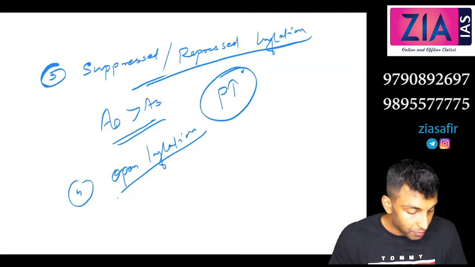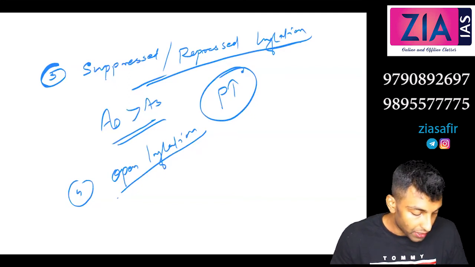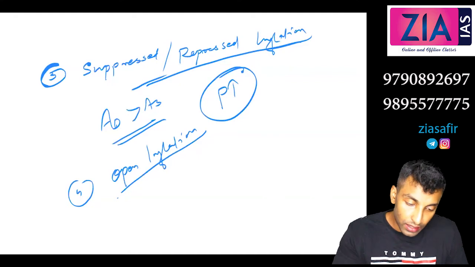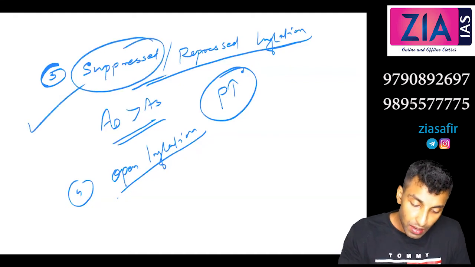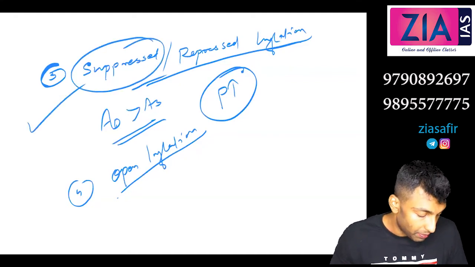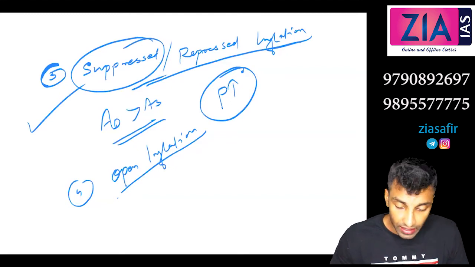So in the third one we are talking about suppressive measures, but here there is no suppressive measure by the government. That means it is a persistent increase in price level.